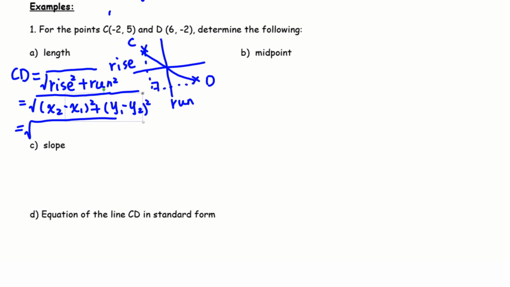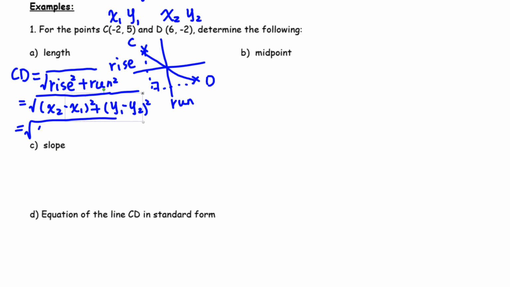We call this the first point, x1, y1, and the second point is x subscript 2, y subscript 2. The 1, 2 represent first point or second point. You can switch them. It won't affect your final answers.